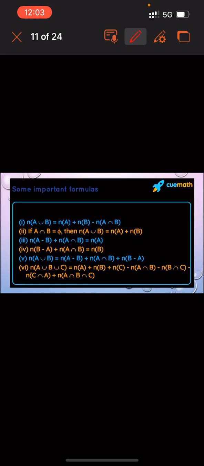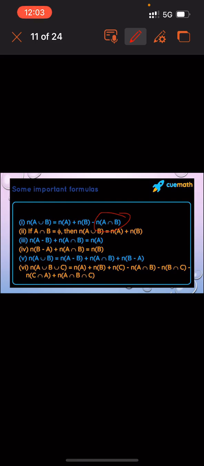See, few important formulas we have in the set theory, that is n of A union B equal to n of A plus n of B minus n of A intersection B. Suppose if A and B are disjoint sets, means we don't have any common elements, therefore A intersection B will be empty set.